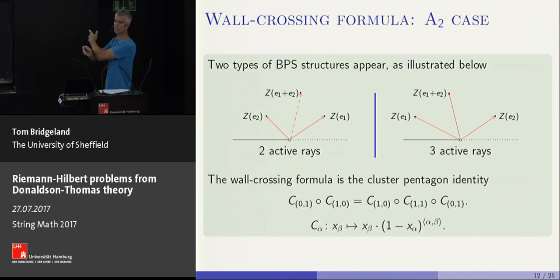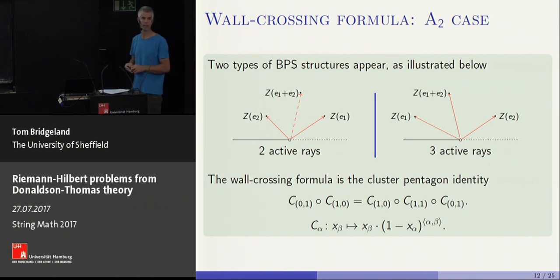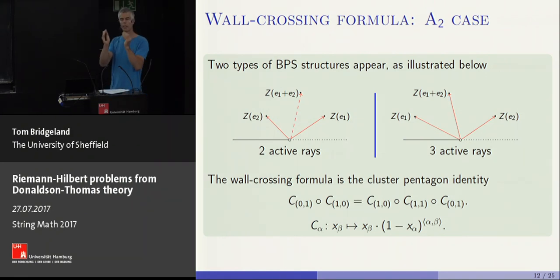We've varied the z's. Things have changed when we cross the wall, but if we knew these BPS invariants, then this is uniquely determined. All we had to do was write down this product and then re-expand it as a product in the opposite order, and there is only one way to do that, and that's the answer. The reason this is A2 is because I had this bracket of E1, E2 equals 1.